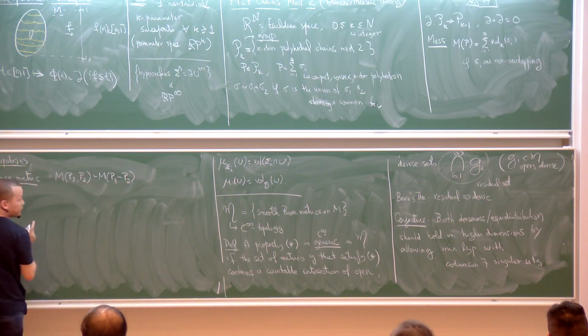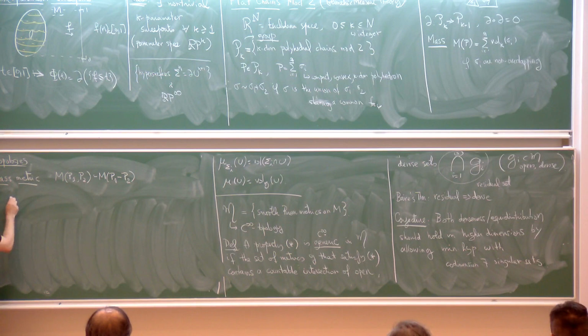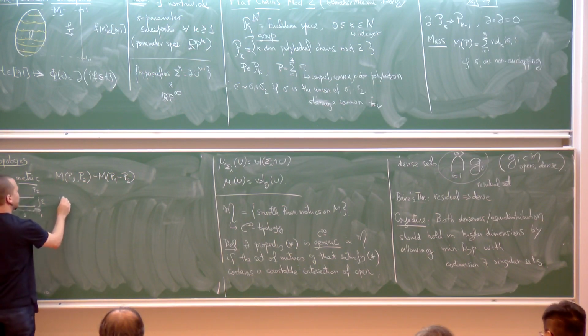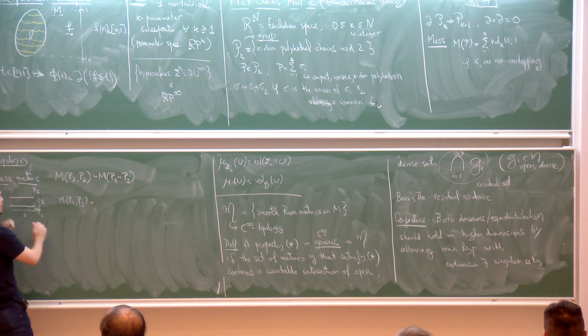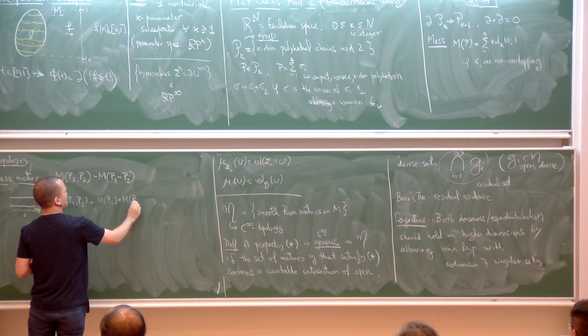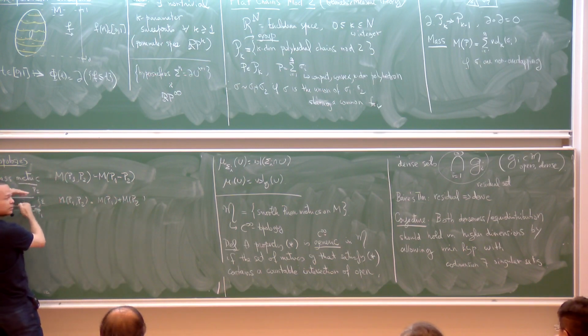Notice that this is a very strong topology. For instance, if P_1 and P_2 are intervals of size 1 at distance epsilon, these are two polyhedral chains at distance epsilon. But the distance in the mass metric is the sum of the masses, because there's no overlap. So it's actually 2.